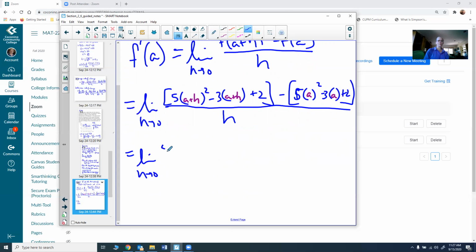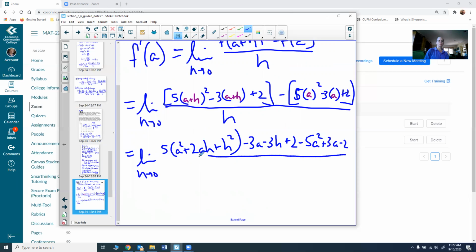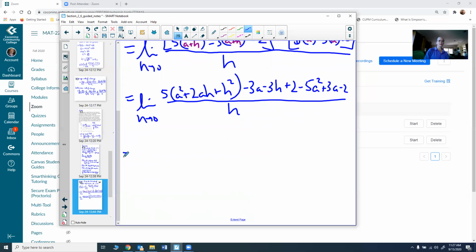Now we're just going to start doing algebra. So multiply this out. We get 5 times a squared plus 2ah plus h squared, minus 3a minus 3h plus 2, minus 5a squared plus 3a minus 2, all over h. Multiply your 5 through and then collect like terms.